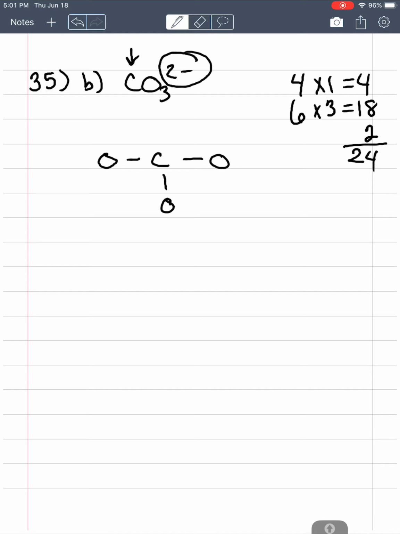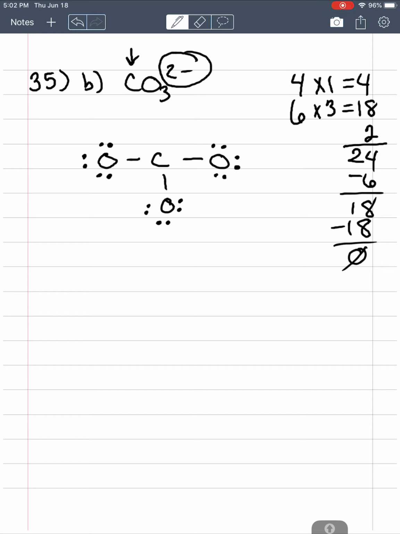So we've used 6 because we have 3 bonds already. So that leaves us with 18 more. So we're going to fill up the outside electrons. We've used 18. We don't have any leftovers to go on carbon.